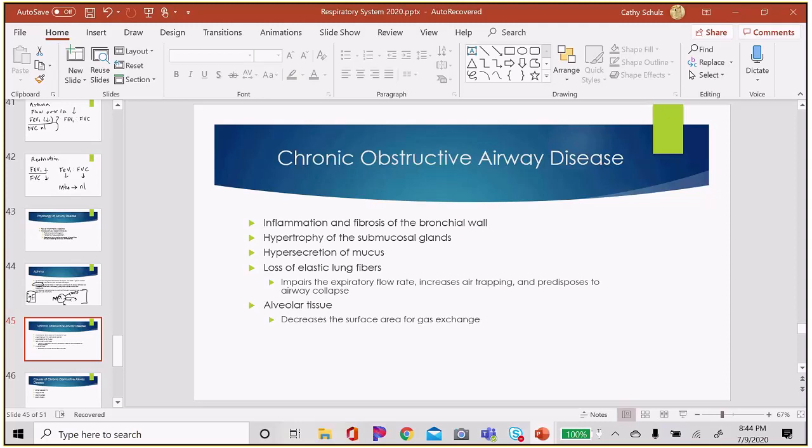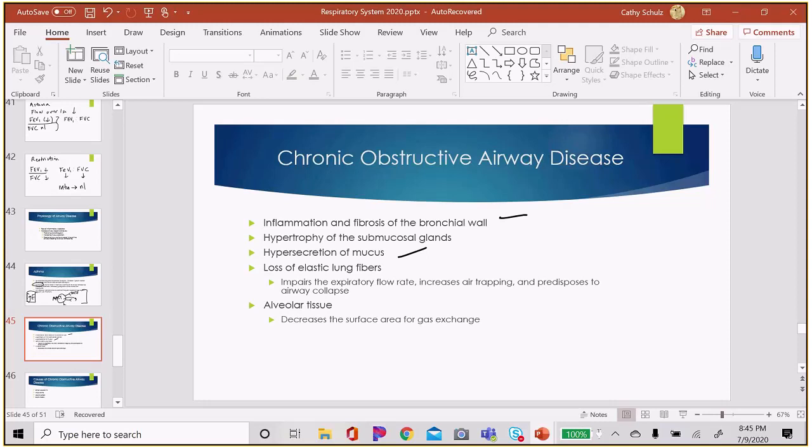In other chronic obstructive airway diseases, there is a change in the airways themselves leading to inflammation and fibrosis. It's just not allergy mediated. It could be from chronic cigarette smoking, because we know that chronic stress changes the cells of our airways, and then we get scarring with increased mucus production.